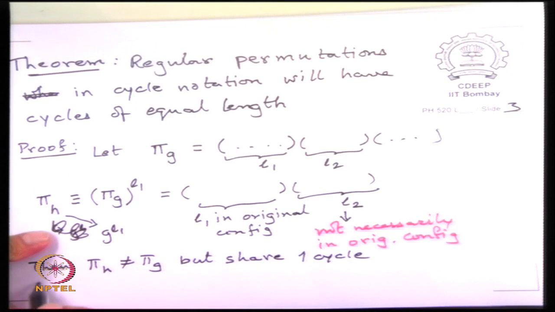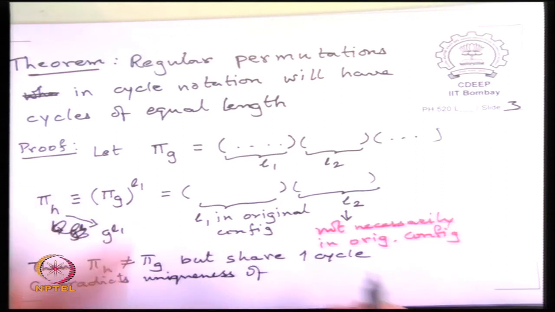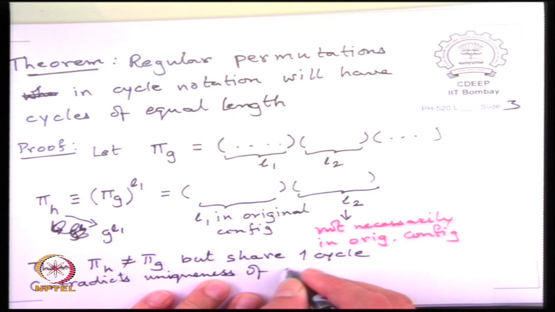So this contradicts the uniqueness, or the category 1 property of uniqueness of G, multiplication table of G.